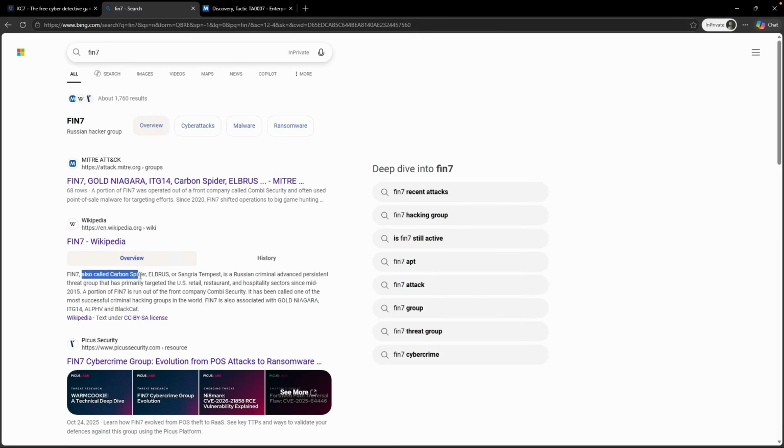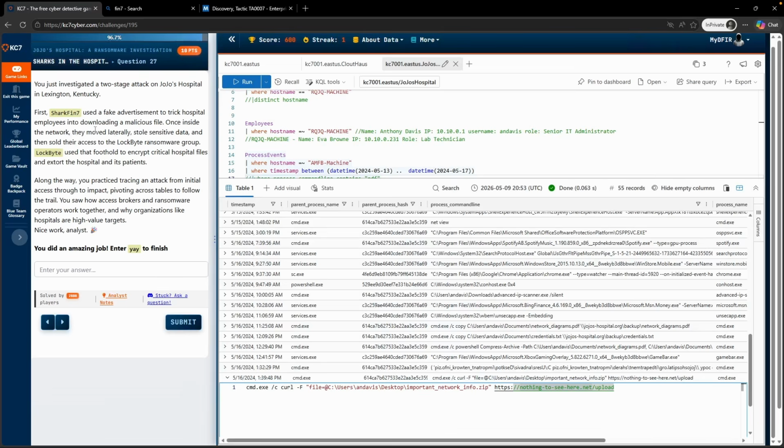Fin7, also called Carbon Spider. This is a Russian criminal advanced persistent threat group, aka APT. Once inside the network, they moved laterally, stole sensitive data, and then sold their access to the Lockbite ransomware group, which by the way is a play on Lockbit. And then afterwards, they used that foothold to encrypt critical hospital files and extort the hospital and its patients.